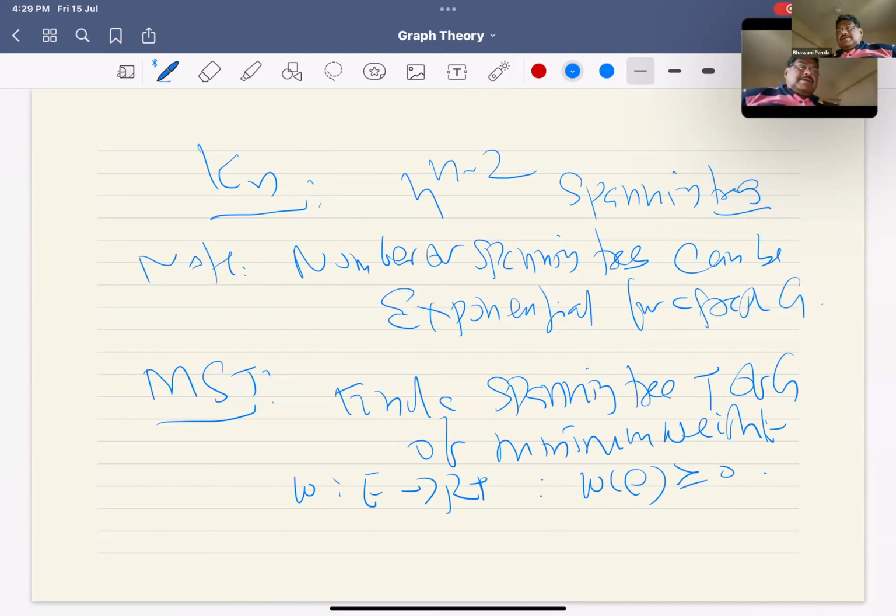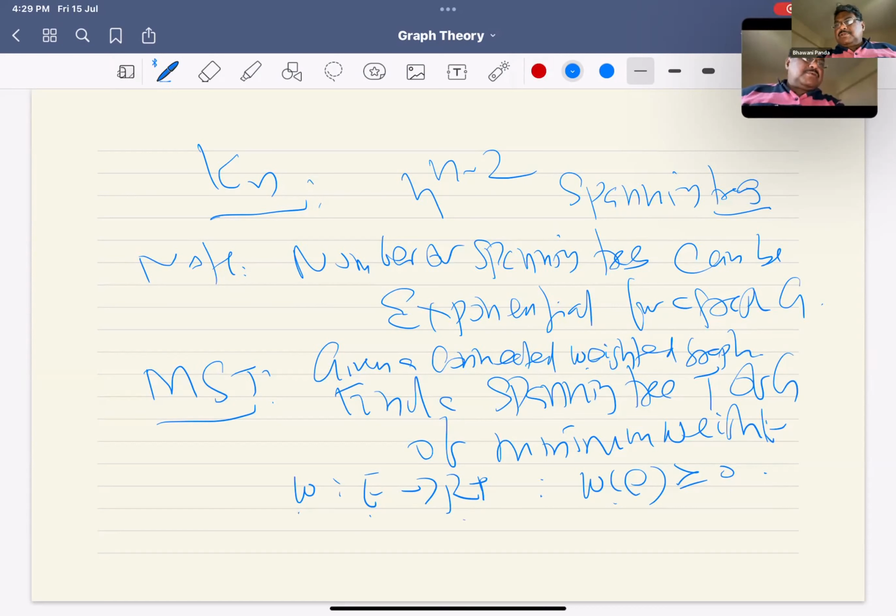So, given a connected weighted graph, where weighted means there is a weight function w from E to R plus, so the weight of each edge is greater than or equal to 0.